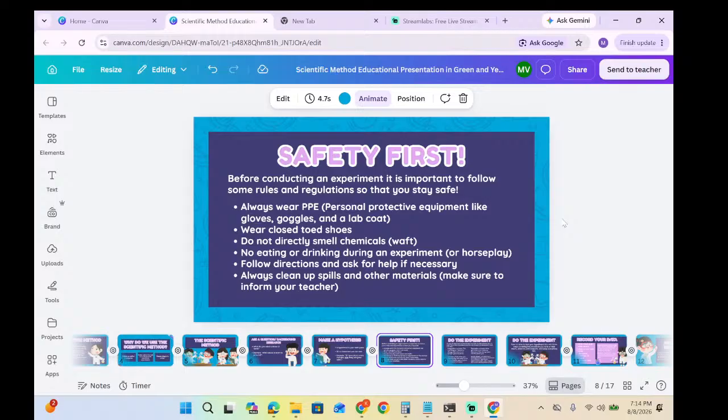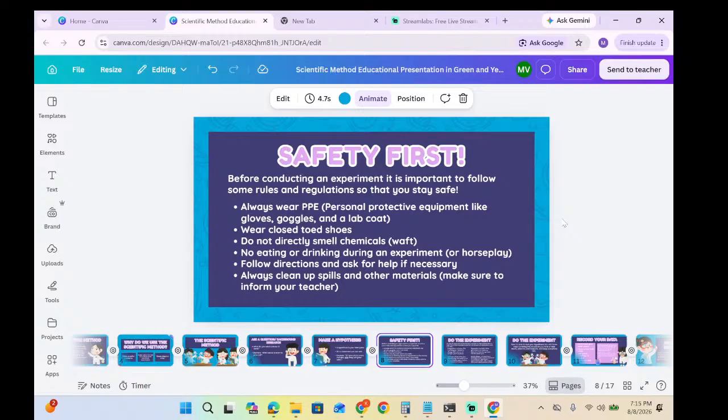Right? So you're not supposed to directly smell chemicals. Whenever you want to record an observation about a chemical, you're supposed to waft it. What is wafting? Imagine you have a beaker, and in the beaker there's a chemical, maybe like isopropyl alcohol.